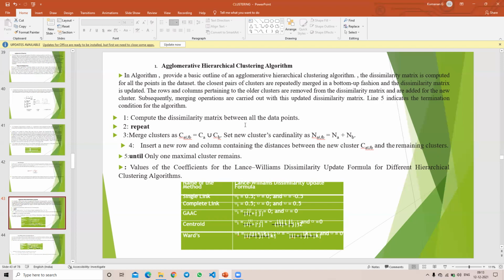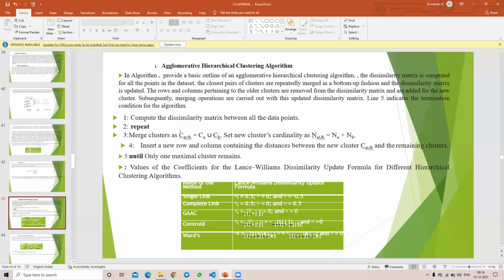Second, repeat the same process. Merge clusters using the formula of Ward's criterion, which we saw in the previous slide. Merge clusters as CA union B equal to CA union CB. Set the new cluster's cardinality as n of A union B equal to nA plus nB.